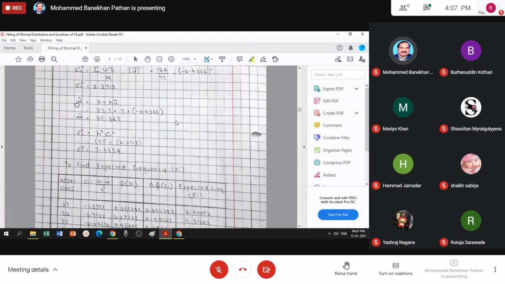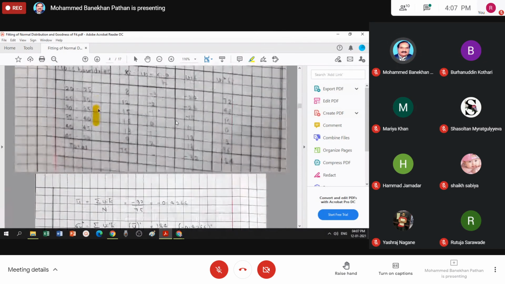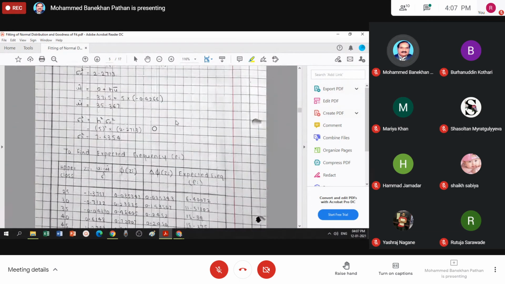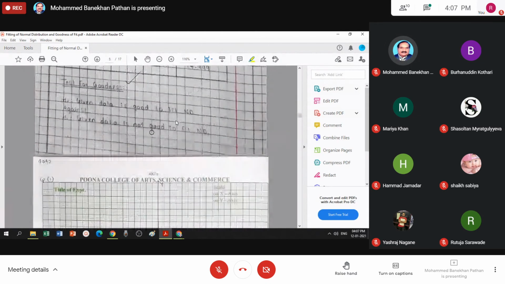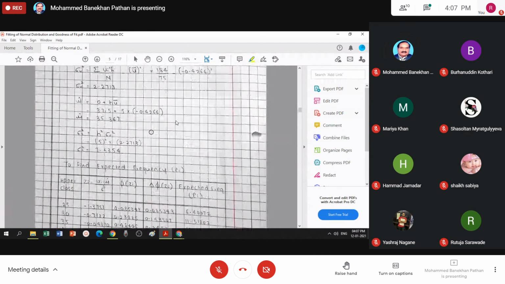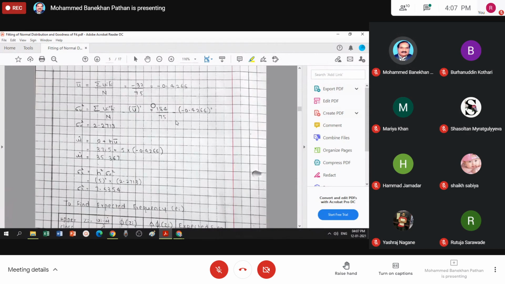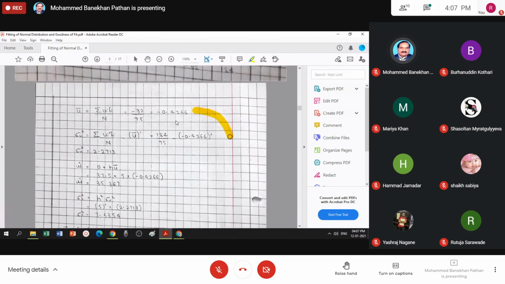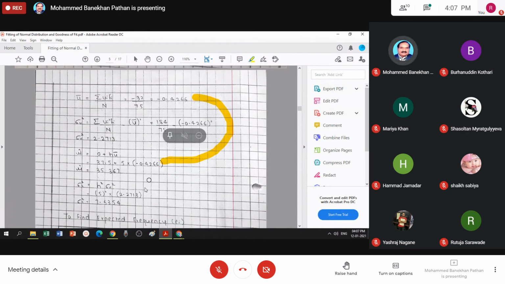Mu cap is a plus h times u bar. The value of a is the midpoint of the middle class. So this is assumed to be the middle class, so you get the value 37.5 plus h, the gap between the classes, class width, that is 5, into u bar, what you got here. So this number is written here in place of u bar. Therefore, I get mu cap as 35.367.